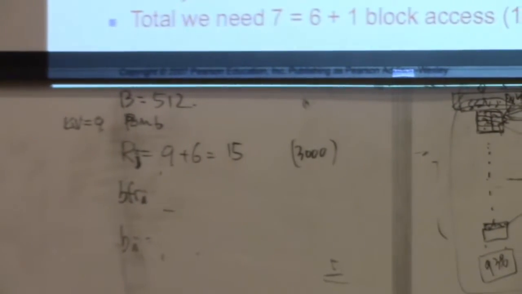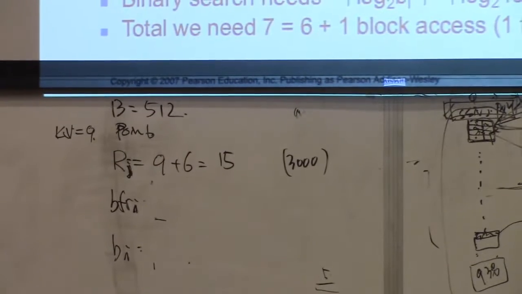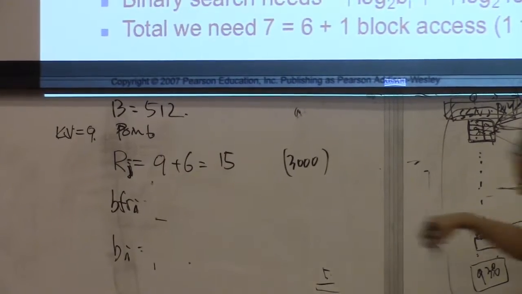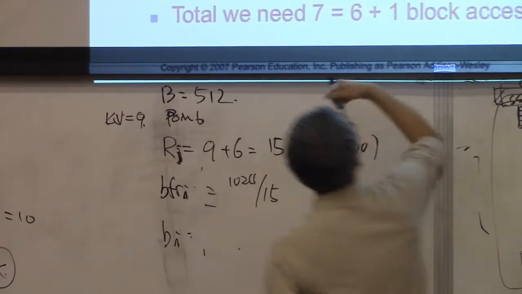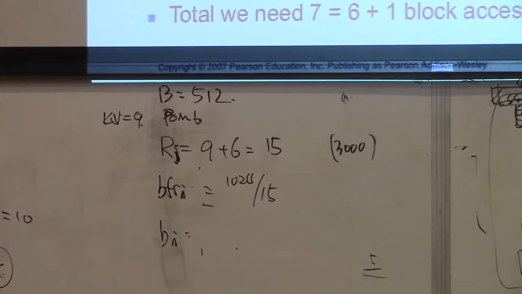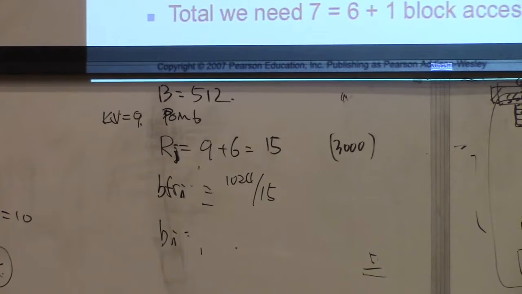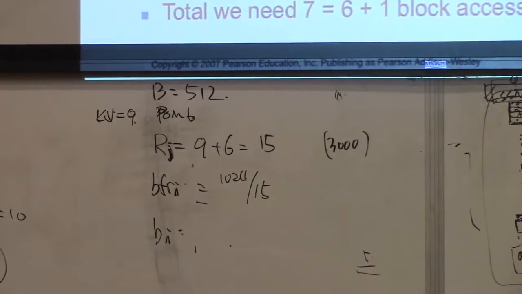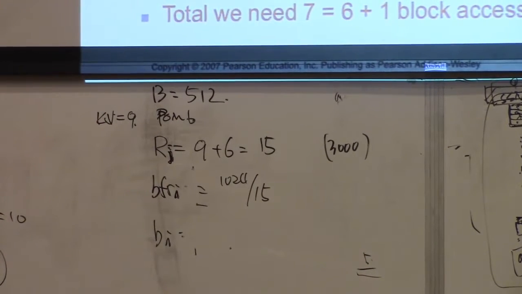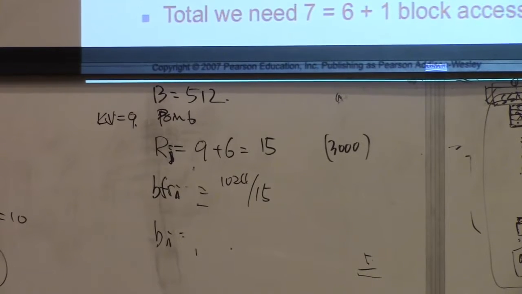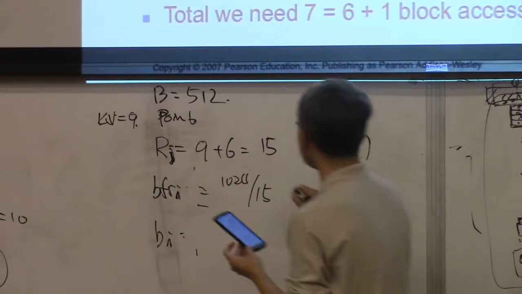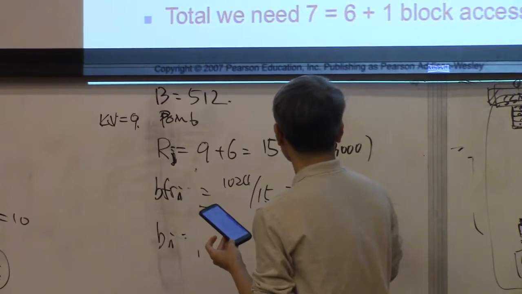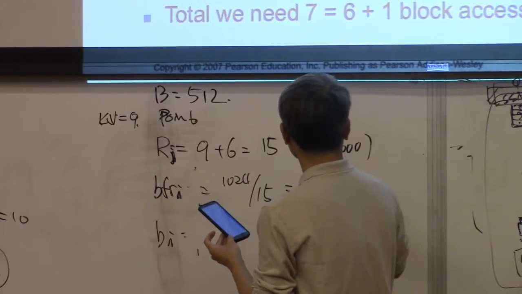Then what is the blocking factor? 1,024 divided by 15. Let me make sure, sometimes it's wrong. 1,024 divided by 15 is 68.26.